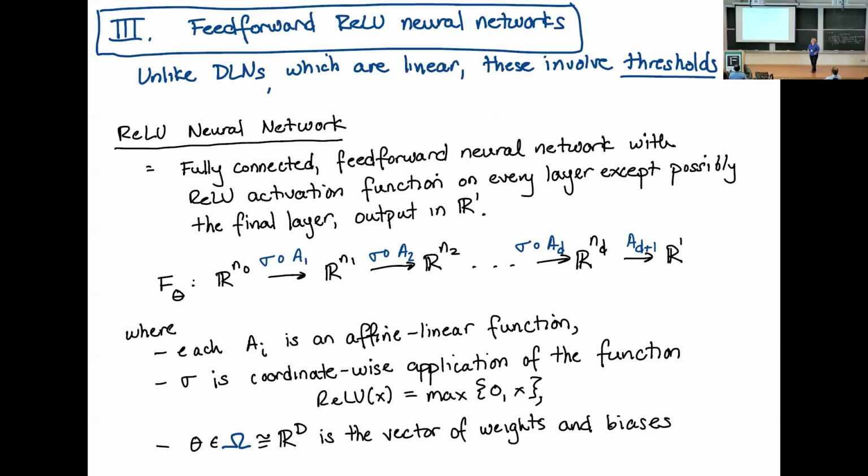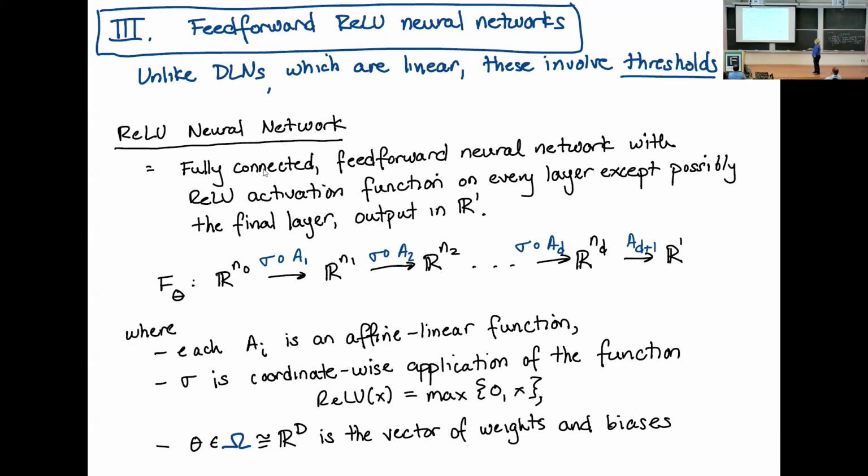Now I'm going to talk about another model, feed-forward ReLU neural networks. Unlike the deep linear networks, which are linear, these involve thresholds, which unsurprisingly makes everything much, much more complicated. So, here's the definition of a ReLU neural network.